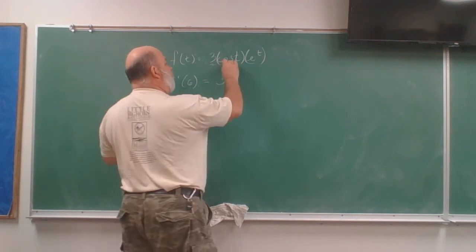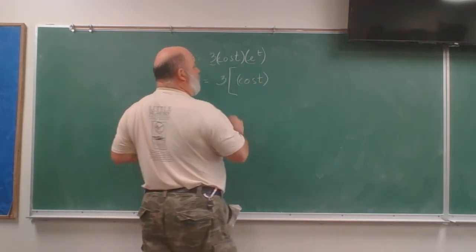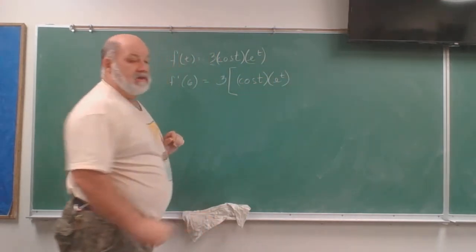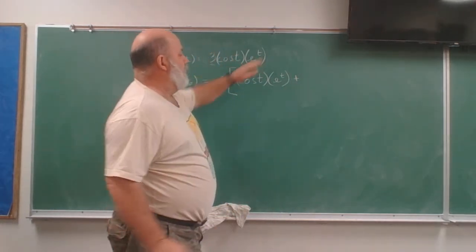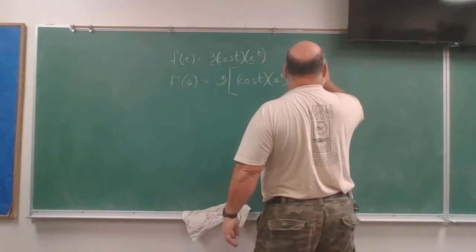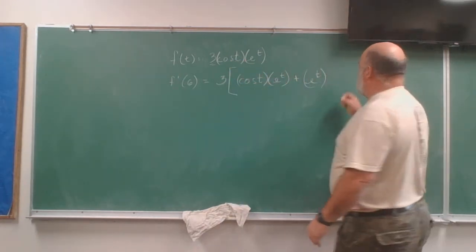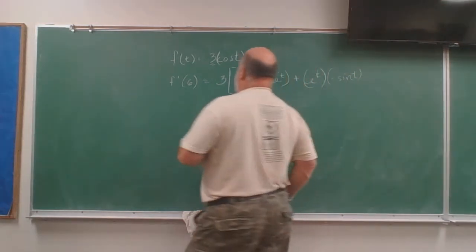It says we're going to take the first one, cosine t, times the derivative of the second one. The derivative of e to the t is e to the t. Plus the second one, e to the t, times the derivative of the first one. What's the derivative of cosine? Negative sine t. Okay?